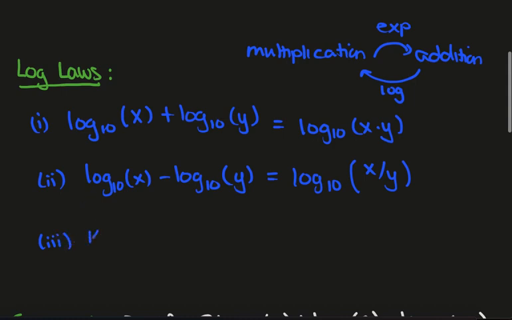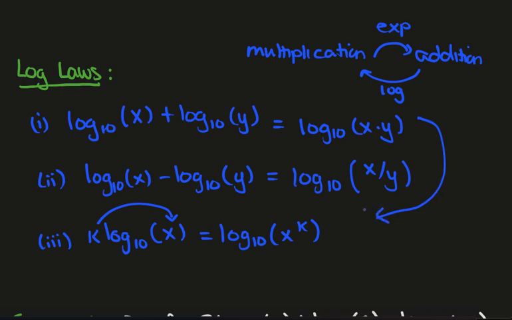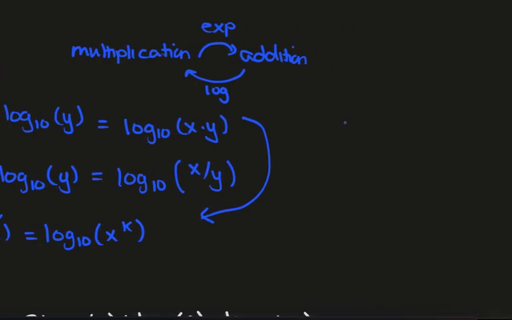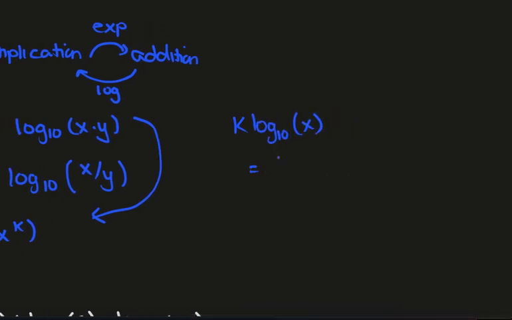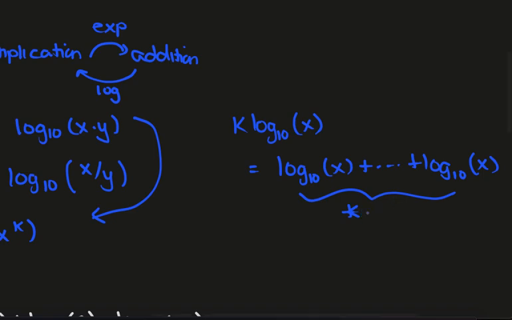And the last log law that we'll look at before trying an example is that if we have any number k times log 10 x, then we can raise it up. So we have log 10 of x to the k. And this follows from the first log law, which you can easily see. For example, if I have k times log 10 x, then that's just log 10 x plus itself k times.